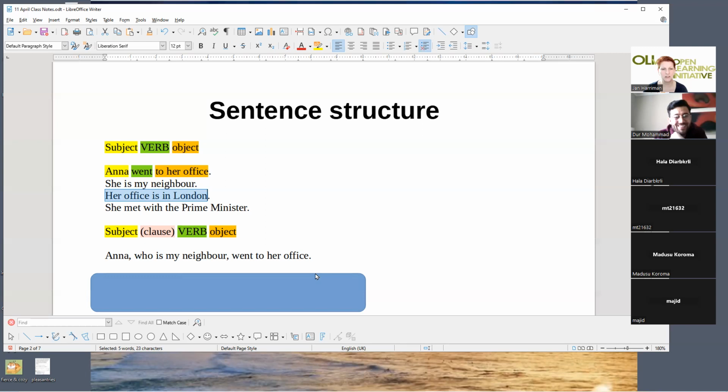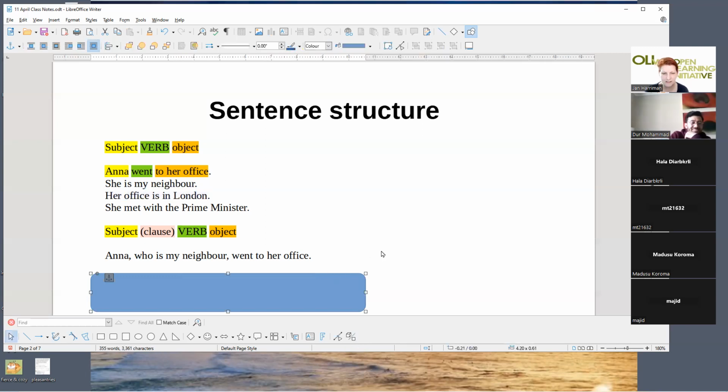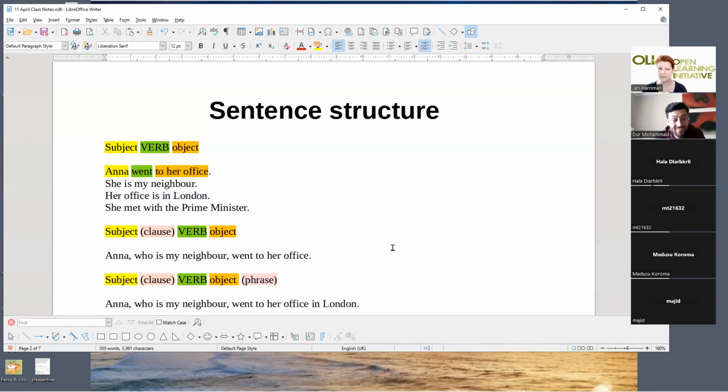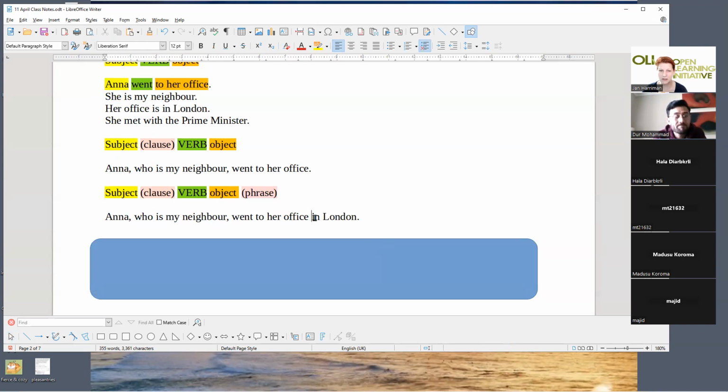Yep, you could say which is located in, or you could just say in London. That works as well. So we can just use a prepositional phrase: office in London. Or we could use a clause, which would be which is in London. Either one would work.